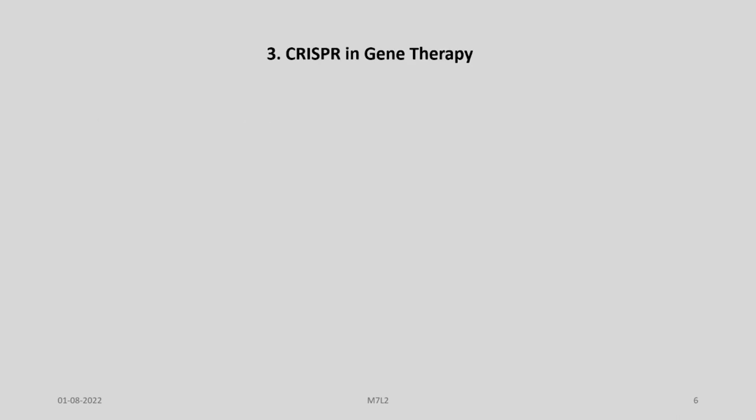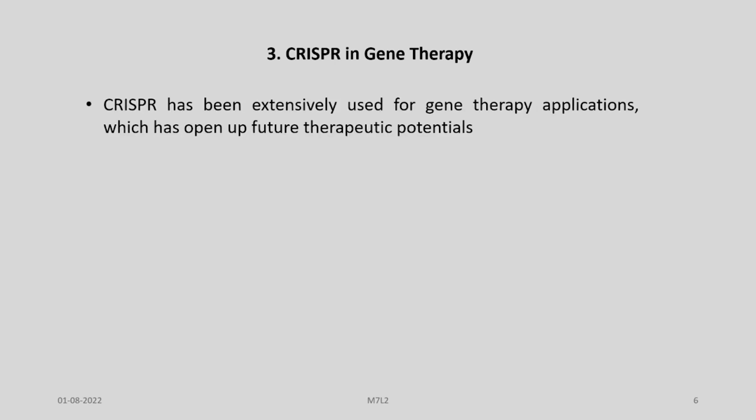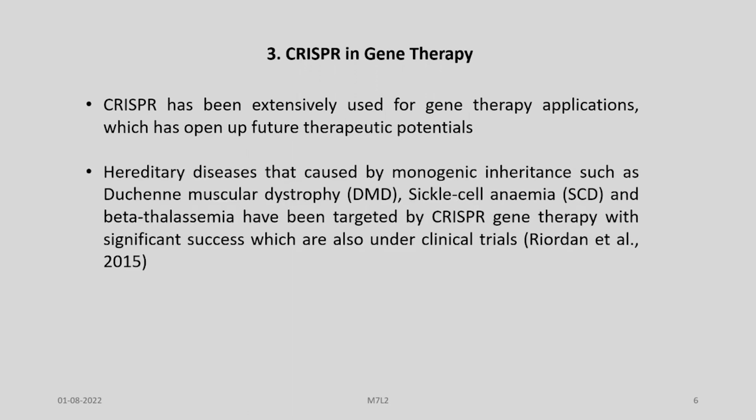CRISPR is also being used in gene therapy increasingly, and various experiments are in different stages of development, including some in clinical trial stage. So, it has huge therapeutic potential in future. We know that hereditary diseases are caused by monogenic inheritances or polygenic traits.